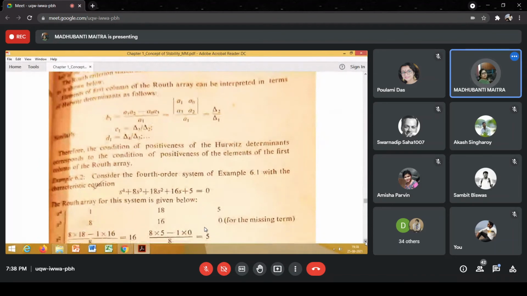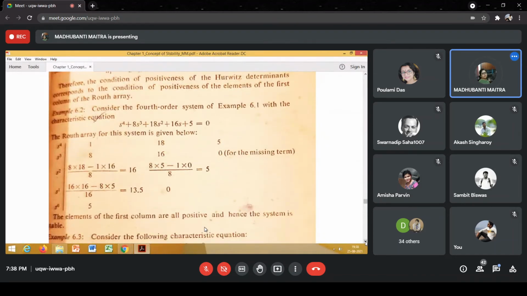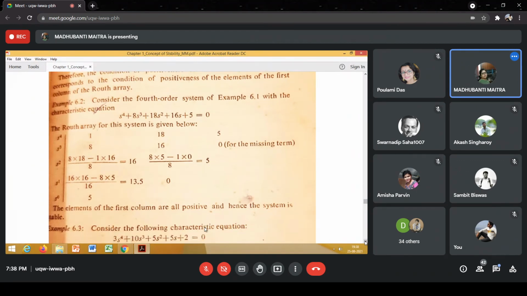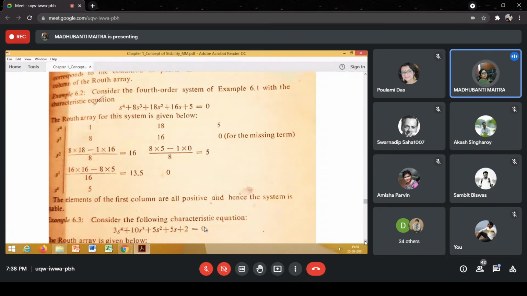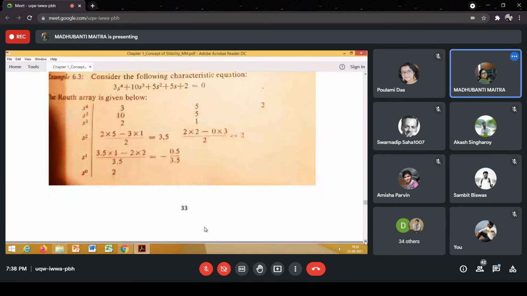Now, while applying the Routh stability criterion, often we face some difficulties or problems. Often it's not possible to compute the complete Routh table, right?